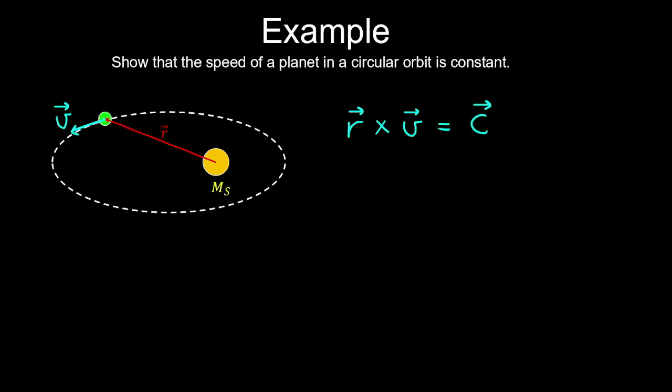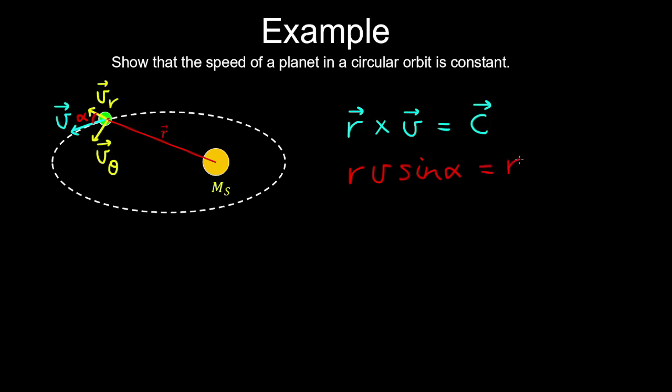Now if we resolve the velocity vector in the radial direction, and it also has a component in the theta direction, then the cross product between r and v is the magnitude of r by the magnitude of v by sine of the angle between them, where this is the angle alpha. So as we can see, v sine alpha gives the magnitude of the component in the theta direction.